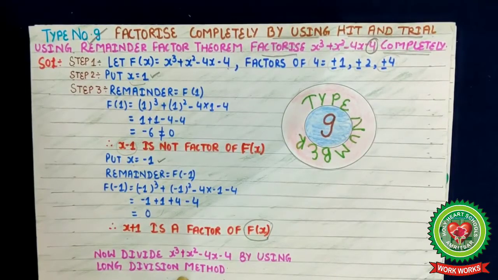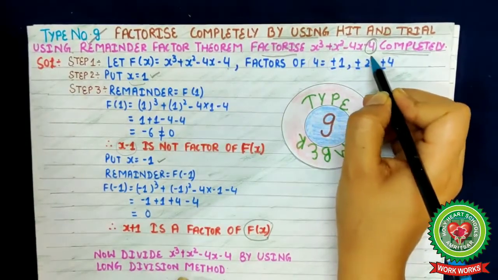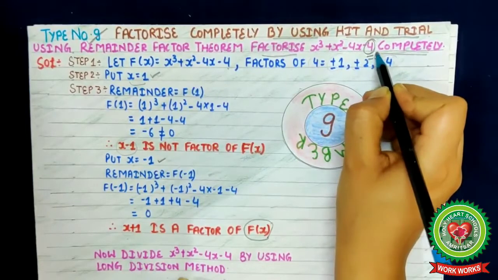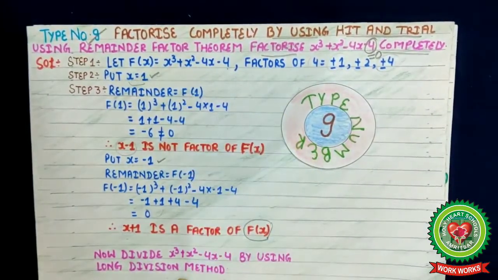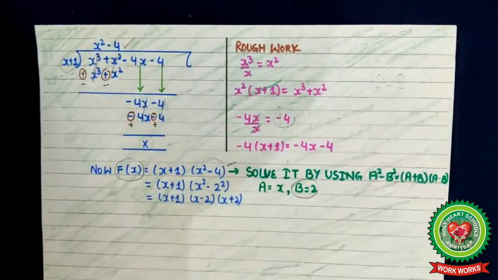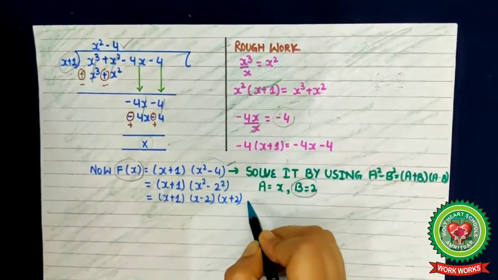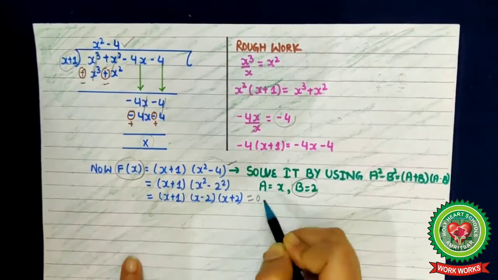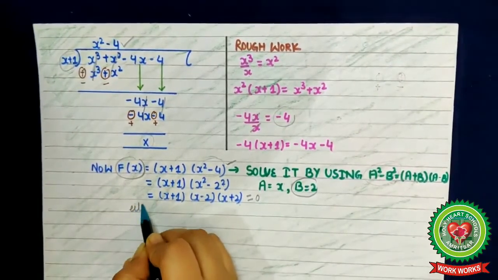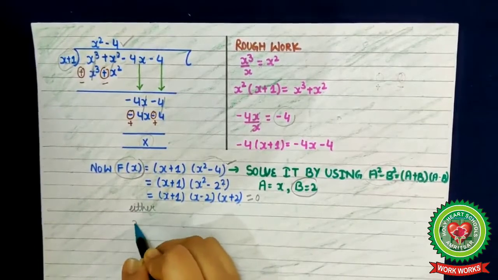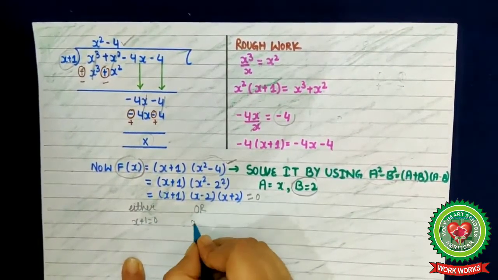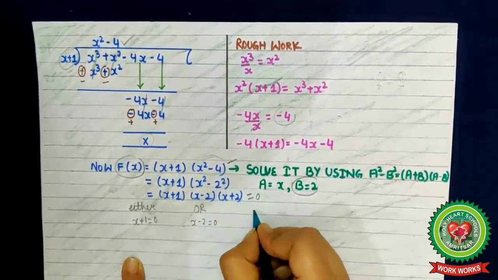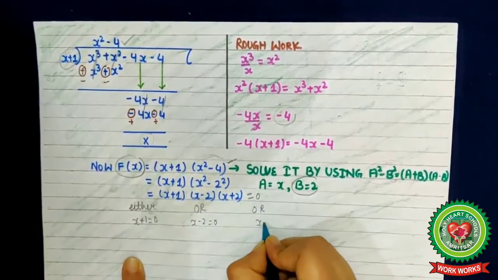Before winding up this type number 9, I want to tell you, if in the statement it is given that this polynomial is equal to 0, we will do all the steps as they are. But at the end, that means after long division and after factorization, we will write 0 here and we will do one step, that is either x plus 1 equals 0 or x minus 2 equals 0 or x plus 2 equals 0.